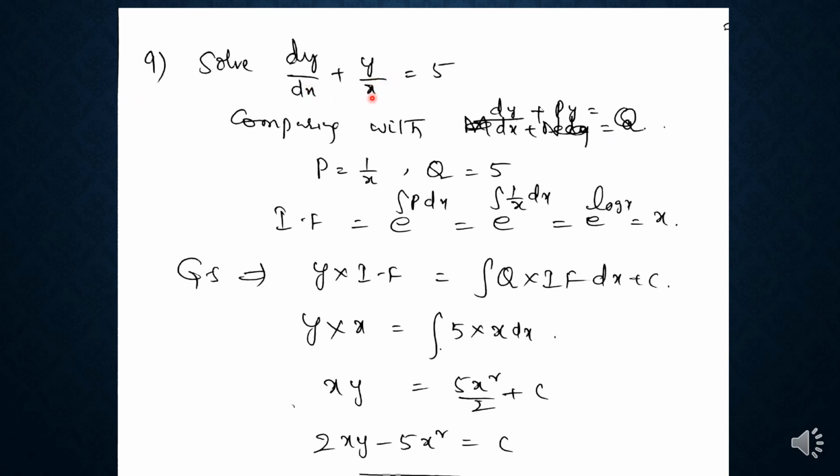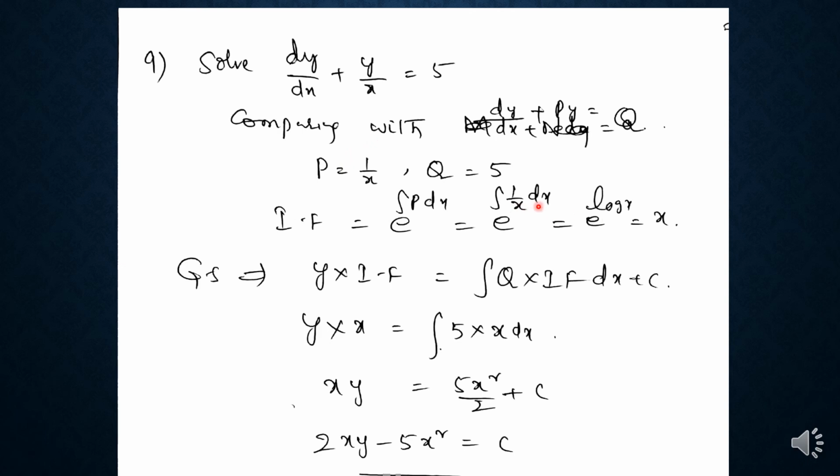So here p is equal to 1 by x and q is equal to 5. Now to solve this equation, find the integrating factor. p is equal to 1 by x and q is equal to 5. Now the integrating factor IF is equal to e power integral p dx, that is e power integral, what is p here, 1 by x dx.